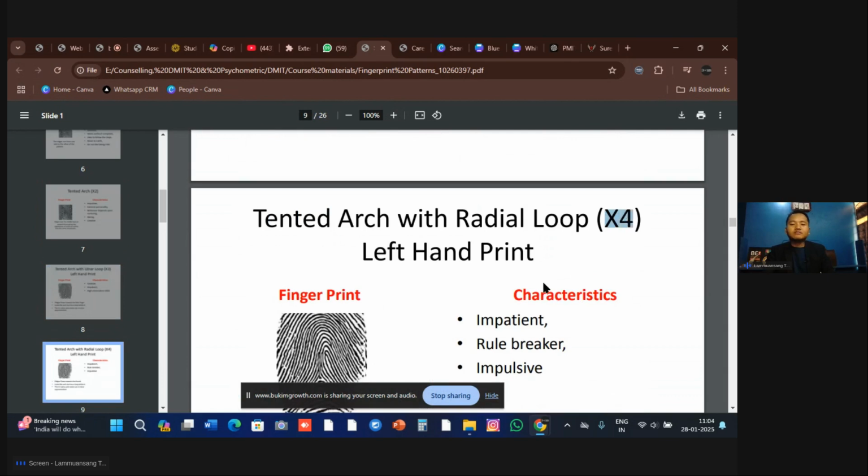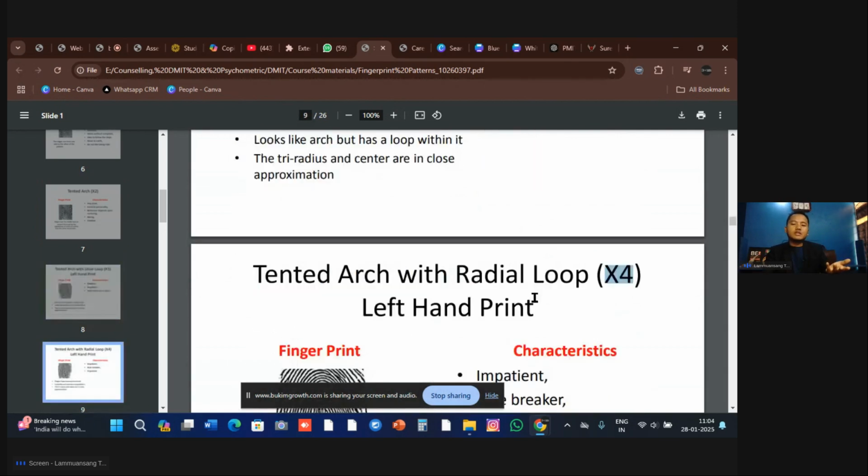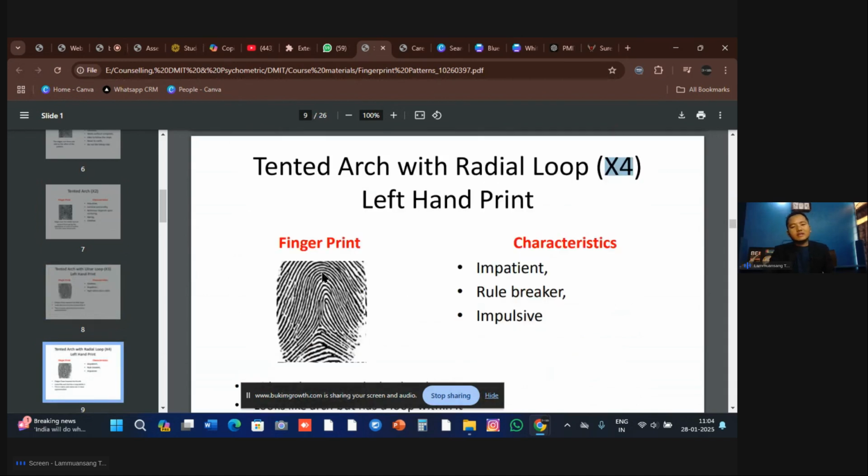Got it, right? The same thing, this is the left hand, right? If you see exactly this on the left hand, maybe on the thumb, index, middle, or small finger, any pattern like this, let's say the tri-radius is on the left side and the center is on the right side, so if you see this kind of pattern in the left hand, that means it is x4.